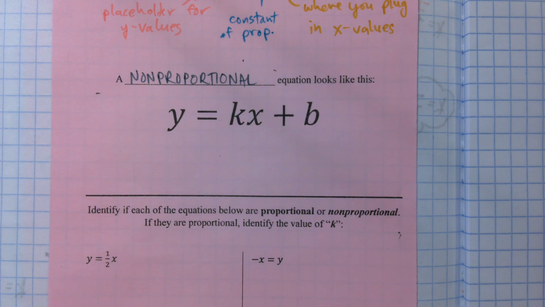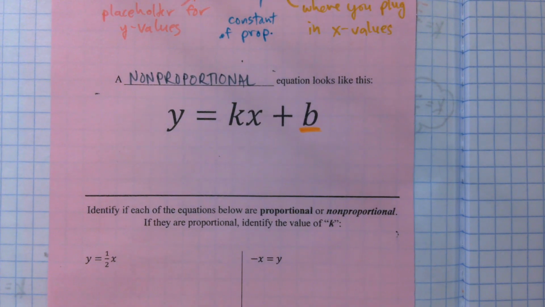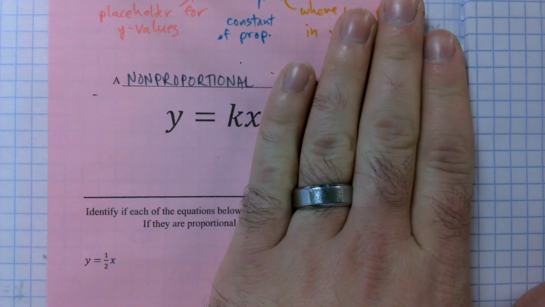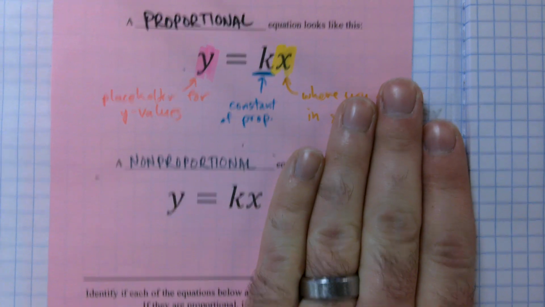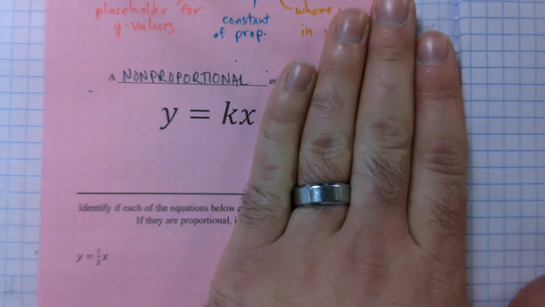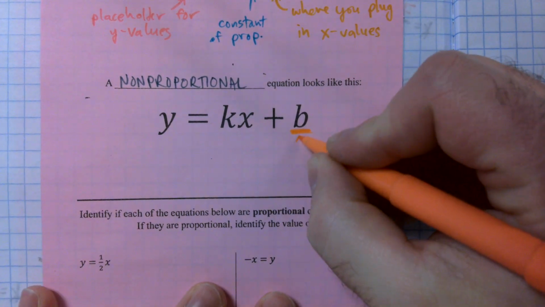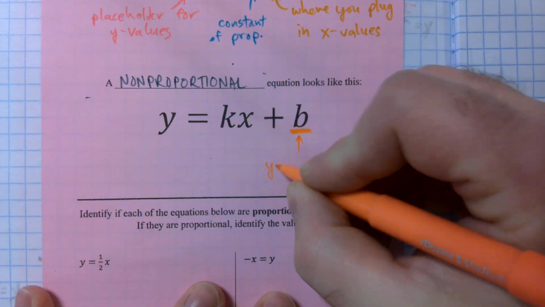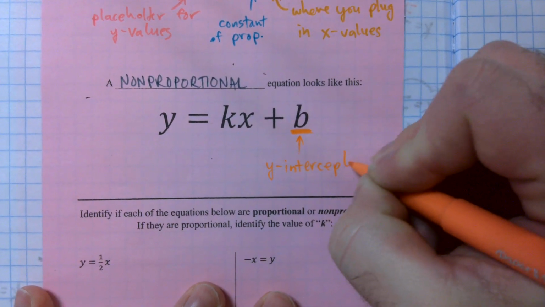What is that other variable? B. All right, if I cover up that plus B, does it look exactly the same? Yeah, y equals kx. It's the same thing. The only thing that's different is I'm adding a b value, and a b value is my y intercept.